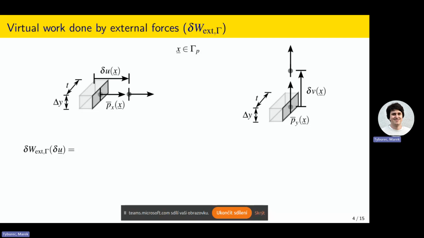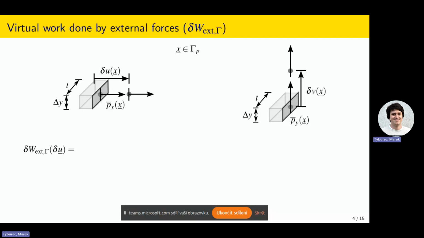Again, we can integrate it, pushing delta y to dy. So what we get in this integral is over y, and we get p x over line x, du of x underline, plus p y over line x, dv of x underline.